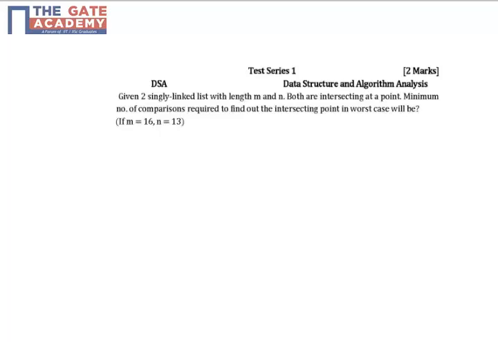If I want the maximum number of comparisons, that means I will have to compare all the nodes. So the first option we have seen, where they have the common node at the last node, can be possible.